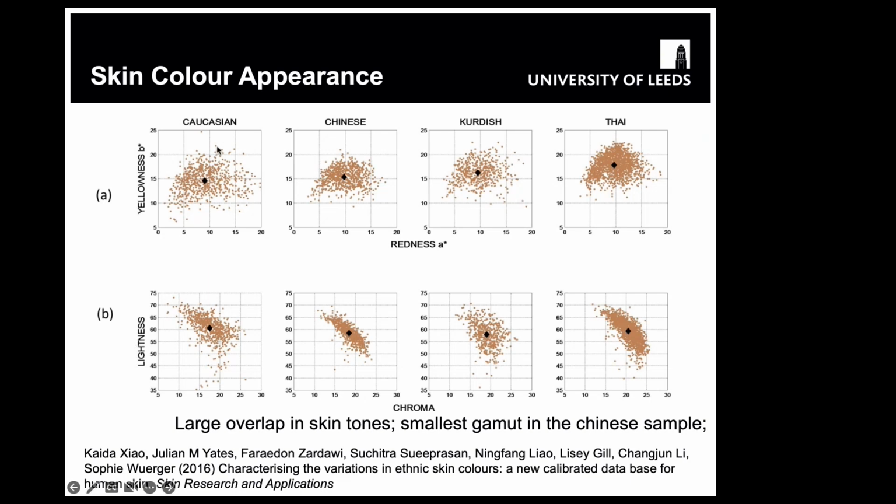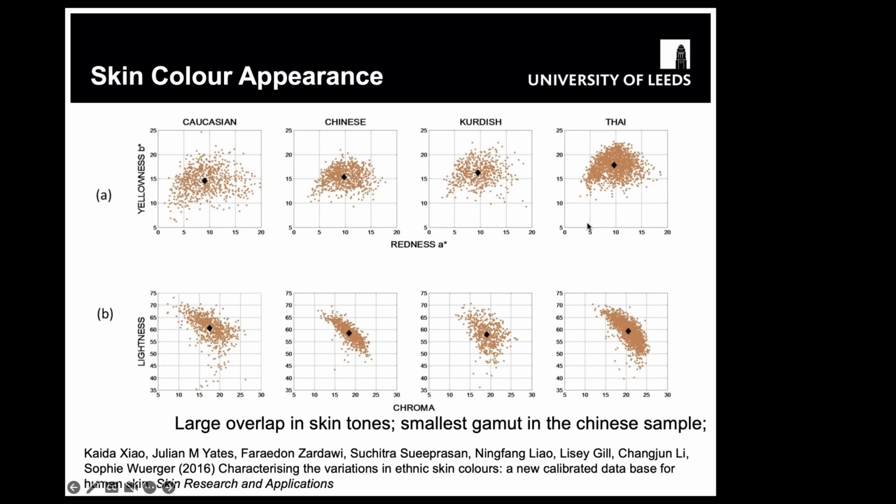Each individual data point represents one skin color measurement for one subject. As you can see, the Caucasians have large variations. And for the Chinese, very interestingly, you can see they have a really small color gamut, some call it the color envelope; in general, it's just the skin color distribution, okay?